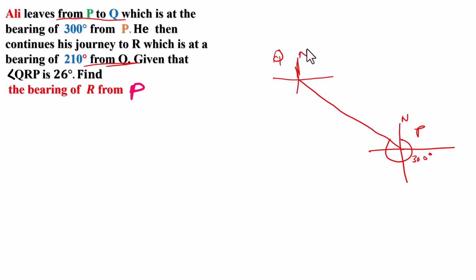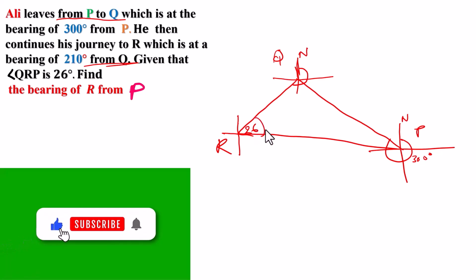I start from the north and measure clockwise to meet R. So 210 moves this way, within this quadrant, and this side is R. Okay, so we can join this. We can locate our north here, and this side is 26.